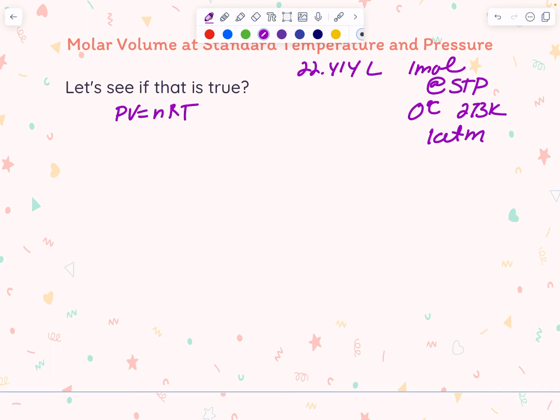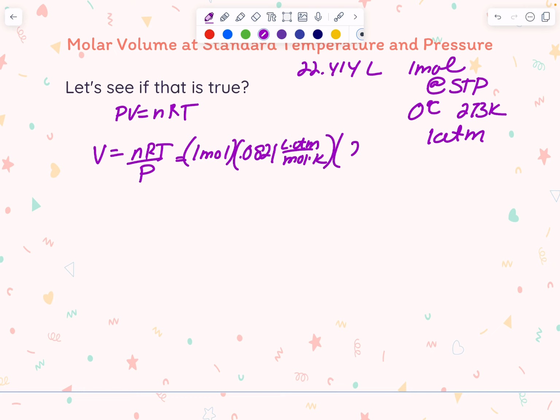So let's solve for this. Let's find out what the volume will be when 1 mole of gas, right? The pressure is 1 atm, so I'm going to use 0.0821 liters times atm over moles times Kelvin. My temperature is 273 Kelvin, and my pressure was 1 atm.